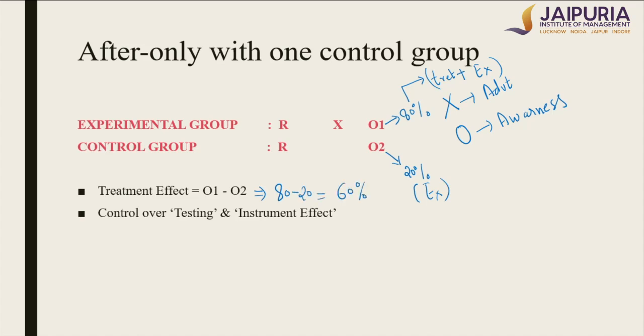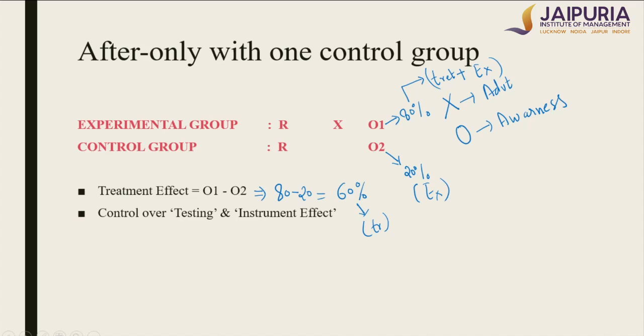That means whatever advertisement we have designed, it is not 80% effective, it is 60% effective. And this 60% is due to only the treatment. And in this design, since we are observing each group only once, there is no testing effect and there is no instrument effect.